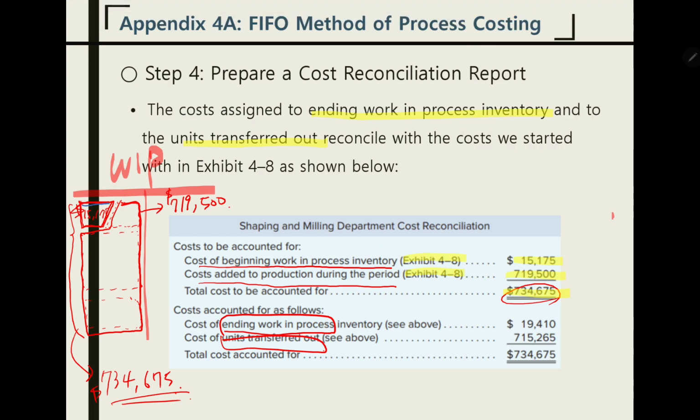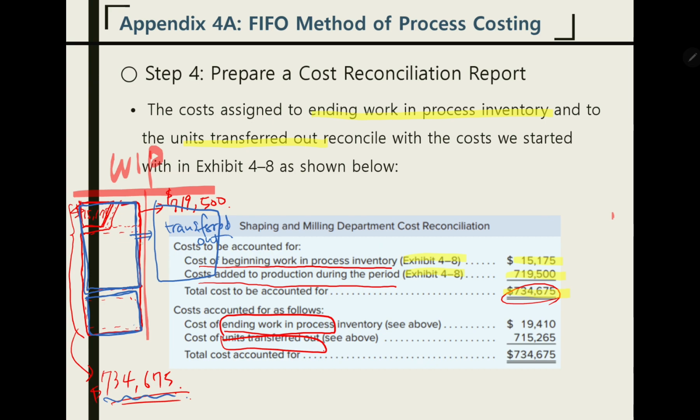So among these costs, these are completed and transferred out. Okay, and the remaining one is ending inventory.